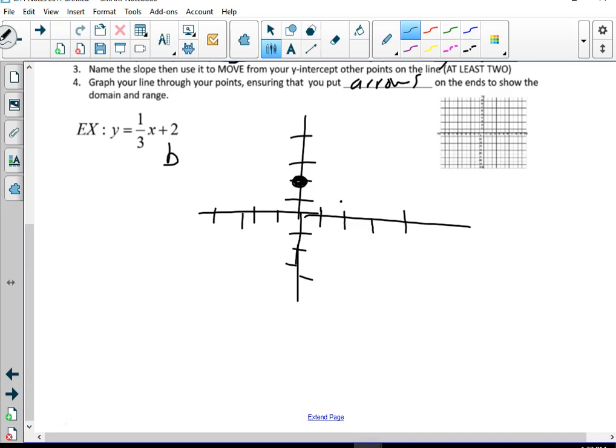And then I'm going to go up 1, right 3. So up 1, right 1, 2, 3, approximately right there. I can also go down 1, left 3, something like that. And that's my line. Same slope, but going through 2 on the y, not 2 on the x.